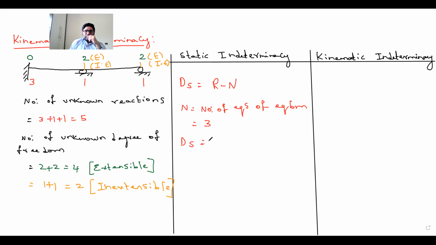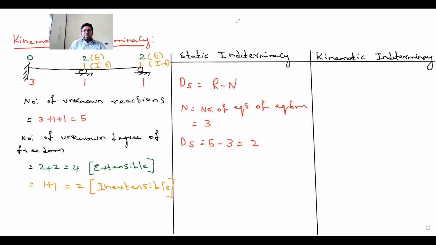So ds is equal to 5 minus 3, that is equal to 2. So statically indeterminate to second degree.